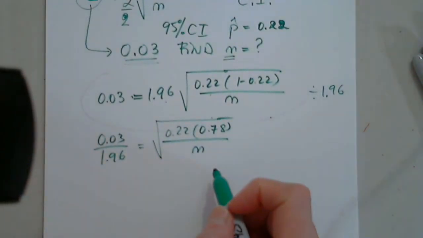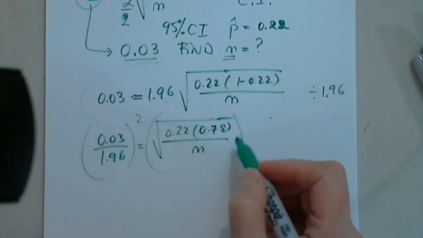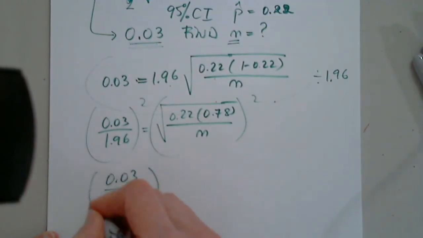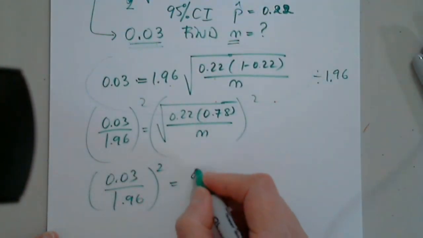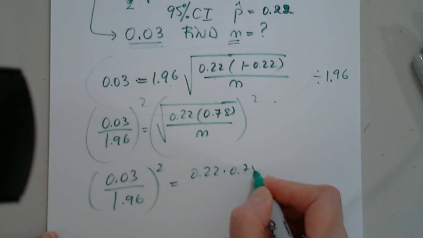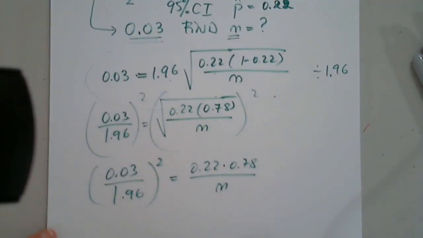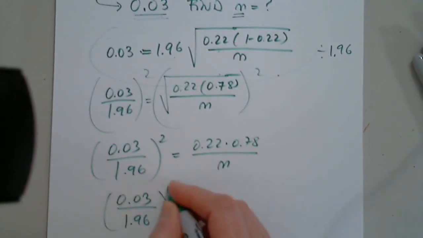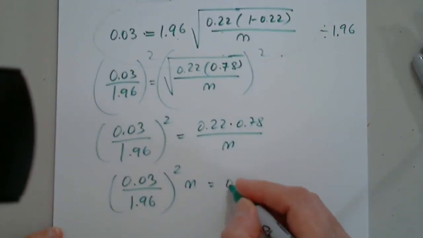Then I'm going to square both sides. I get 0.03 over 1.96, everything squared, equals 0.22 times 0.78 divided by n. Now I cross multiply: 0.03 over 1.96 squared times n equals this number.